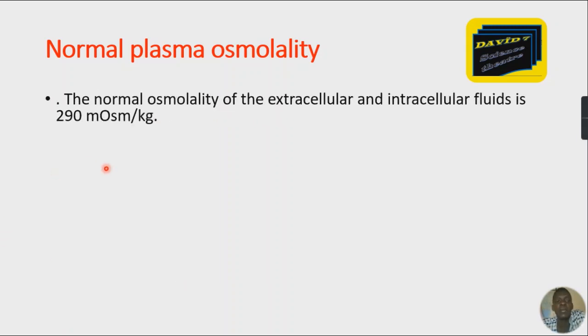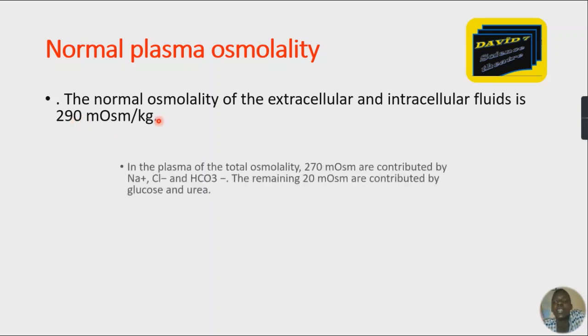The normal plasma osmolarity is around 290 milliosmoles per kilogram. That is for either extracellular fluid or intracellular fluid; you find it at around 290 milliosmoles per kilogram. Each has 290, okay?